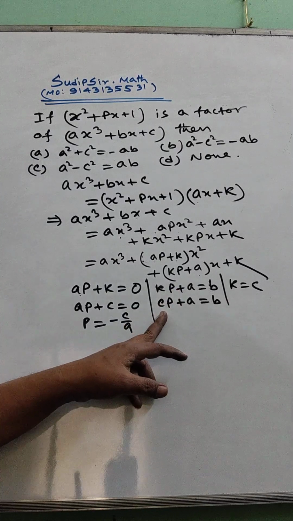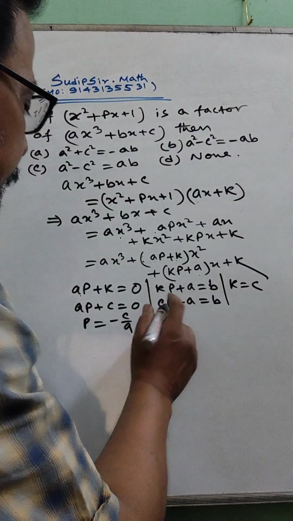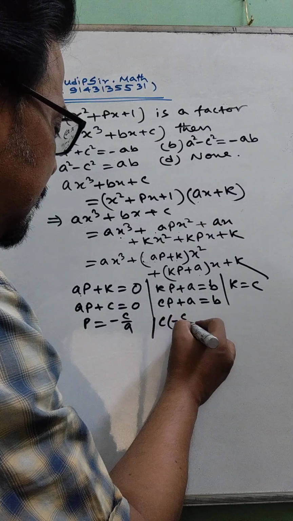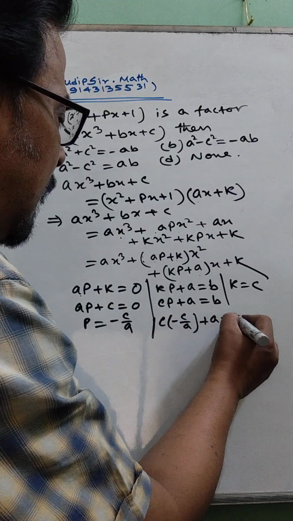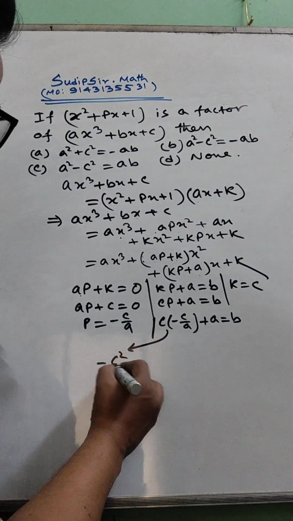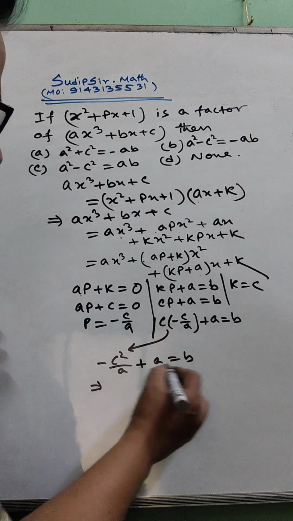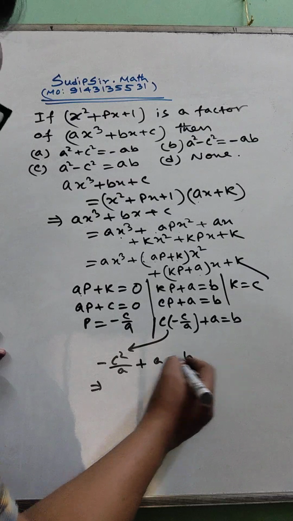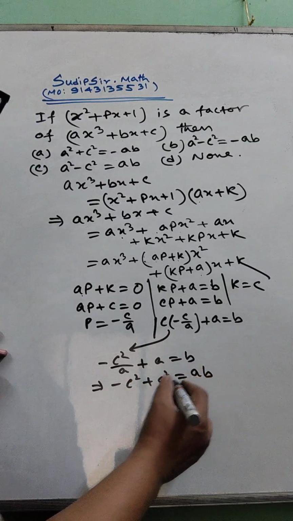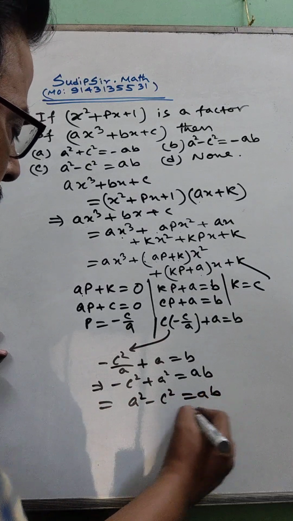Now cp means minus c square by a, plus a equal to b. Now take LCM a and multiply this. So a square minus c square equal to ab. That is very clear.